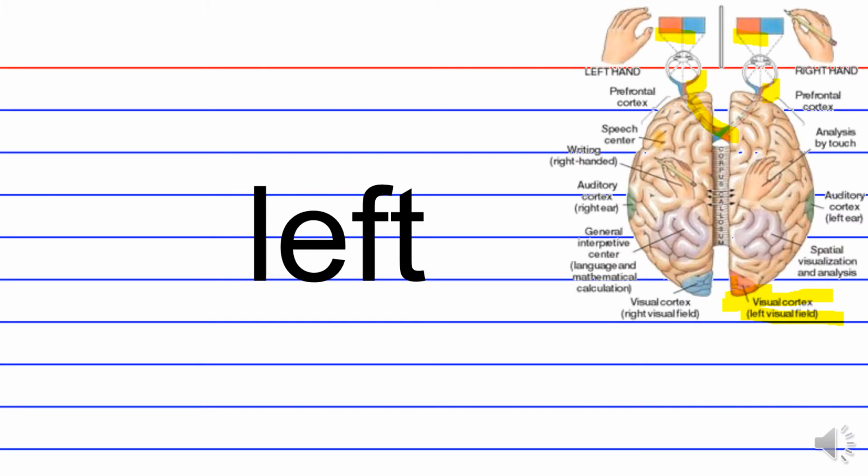So things in your right visual field, that's the blue side, are going to get sent to the left side of your brain, okay, which is right here.